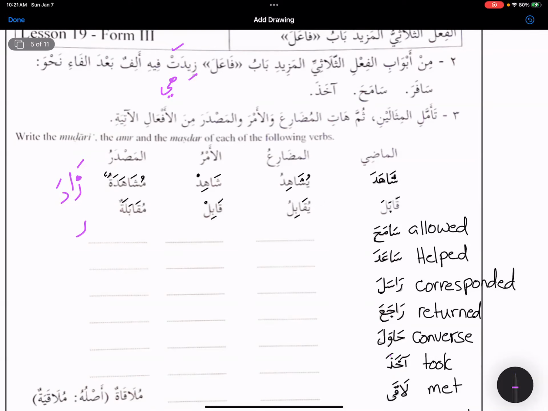This is something special here, because this is ajwaf, right? So this is not going to conjugate in a regular way. It should be za, waw, and dal. I believe these are the root letters. Then it should be zuvida.